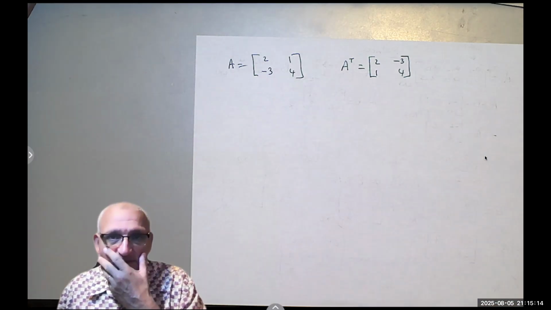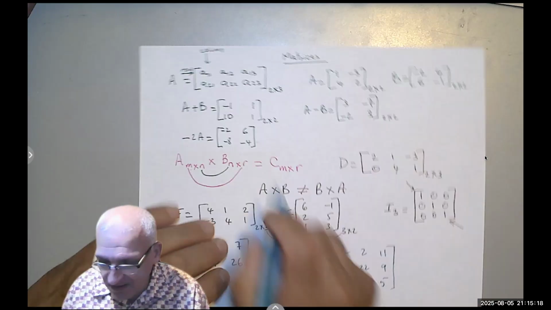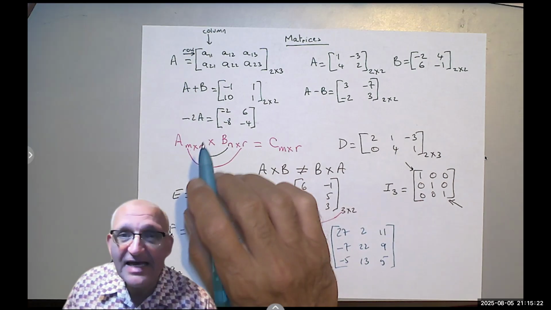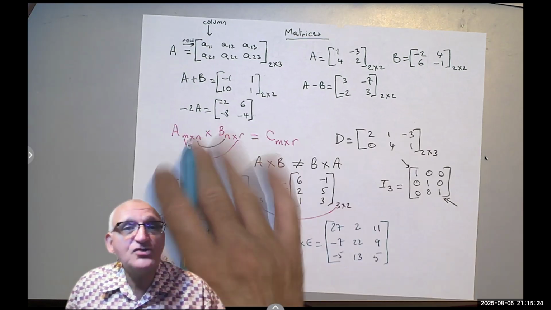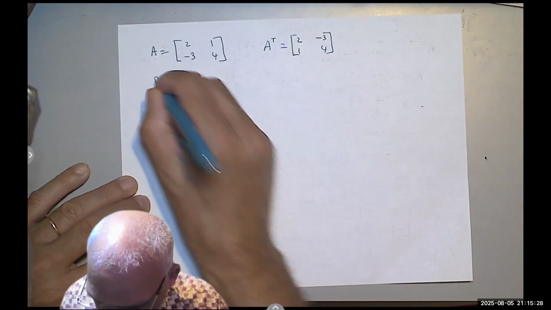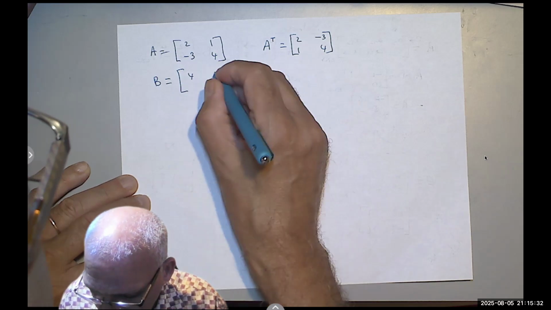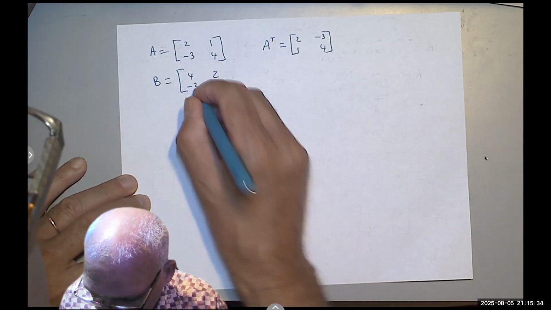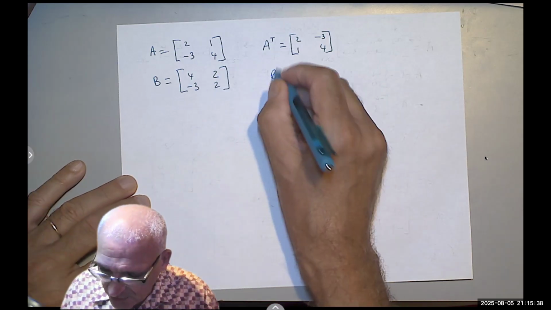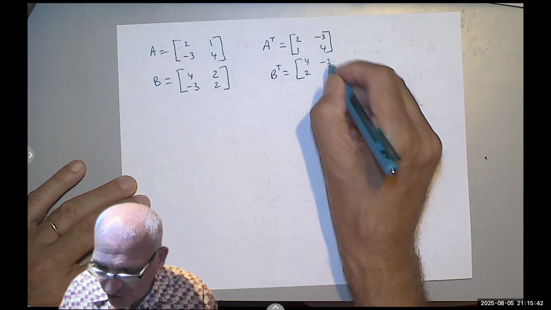It turns out that if I have two matrices like A and B here, and I ask you to find the transpose of the product. So let's make another matrix B. B here is 4, 2, -3, 2.